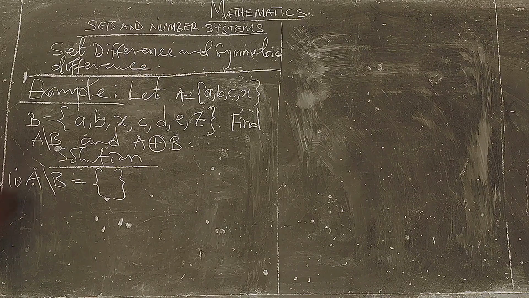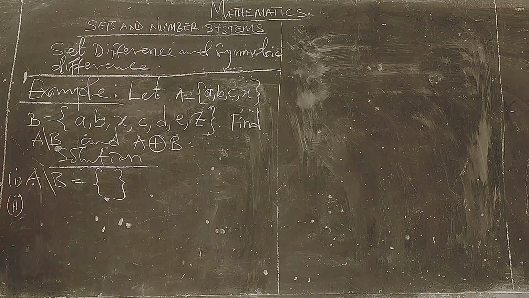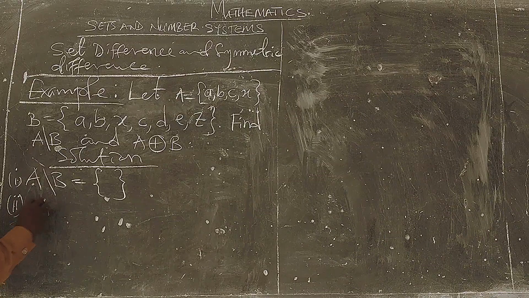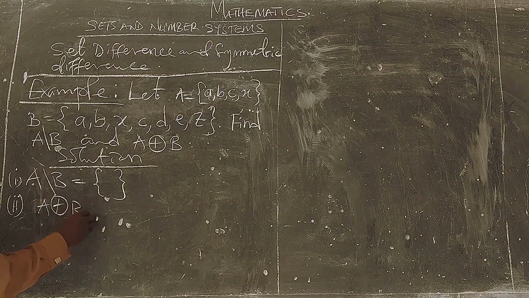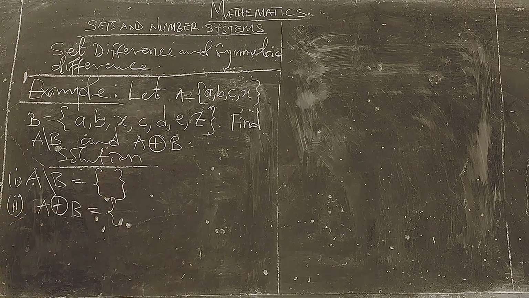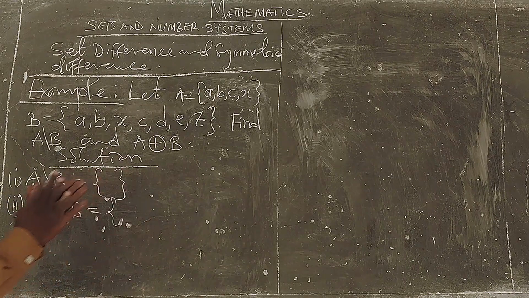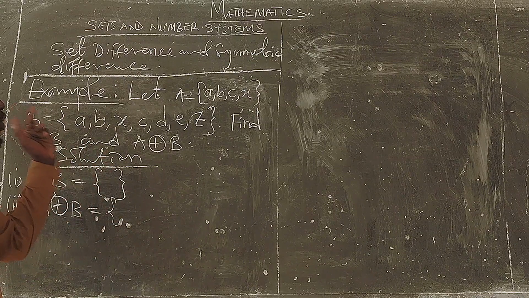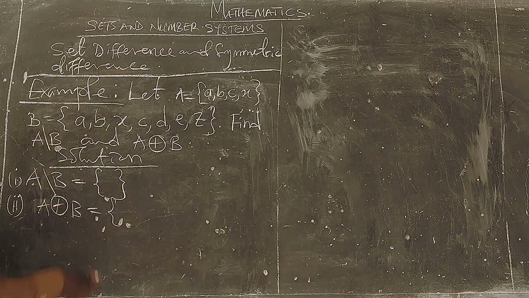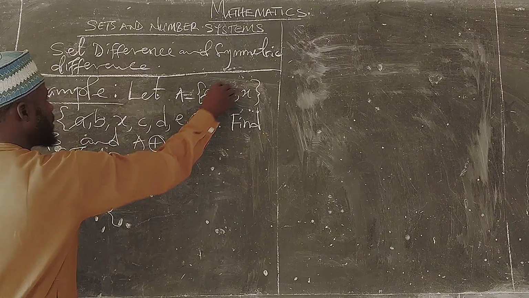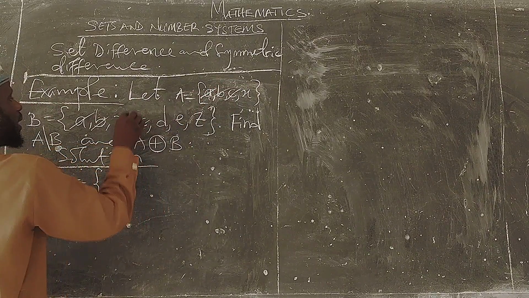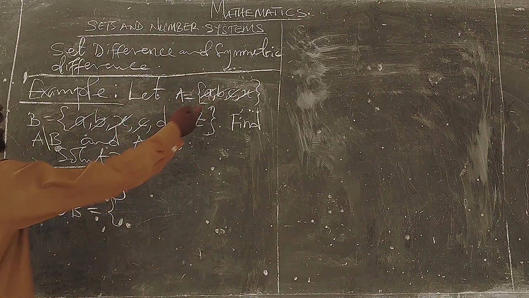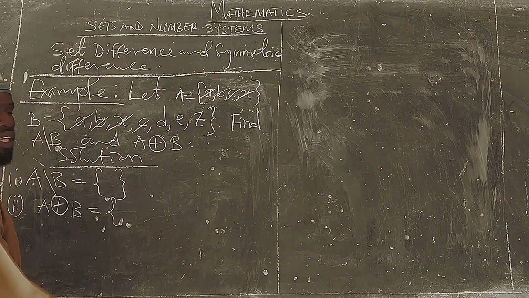Now, secondly, let's discuss the symmetric difference of A and B. We add all the elements of A and B, we unite the elements, and then do away with their intersection. So their intersection is b, c, x. What are the remaining elements in A?